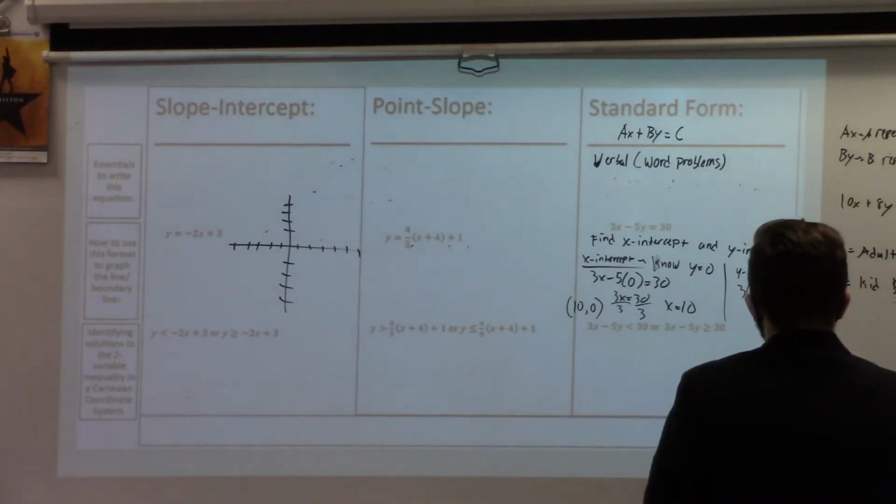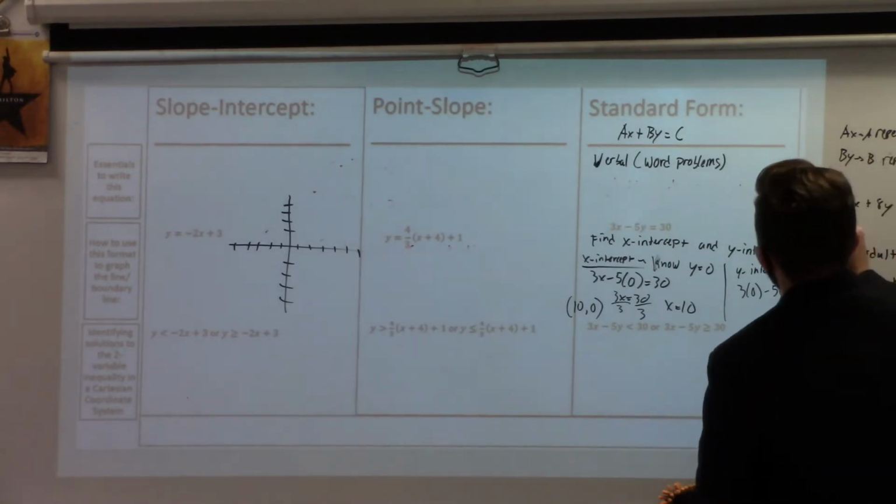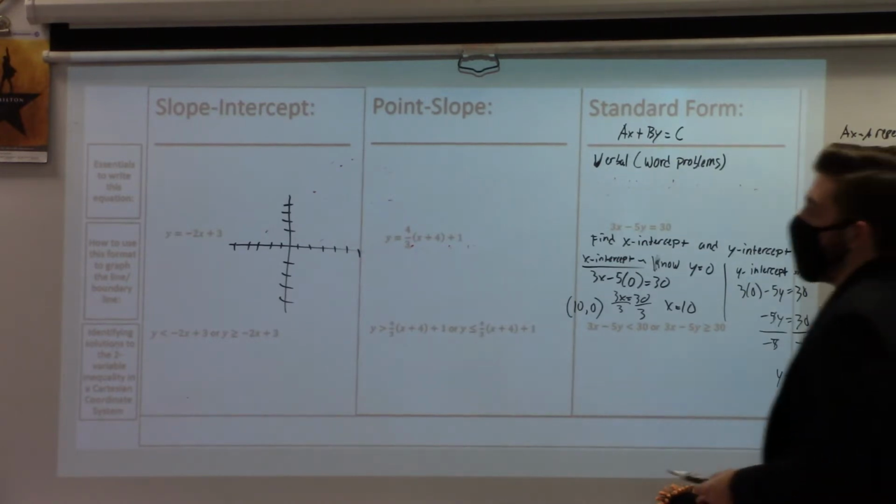Negative, good. So, once again, is negative 6 enough? Are we done? That makes a point. So what would that point be? 0, comma, negative 6. Good. So, now that we have 2 points, what can we do? Graph it, right?